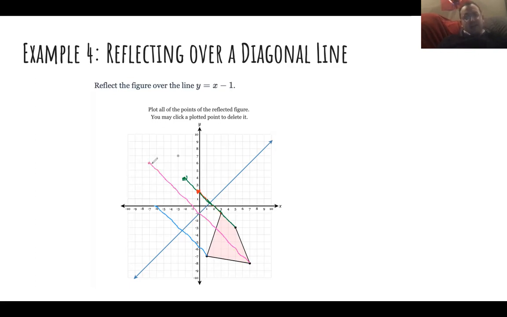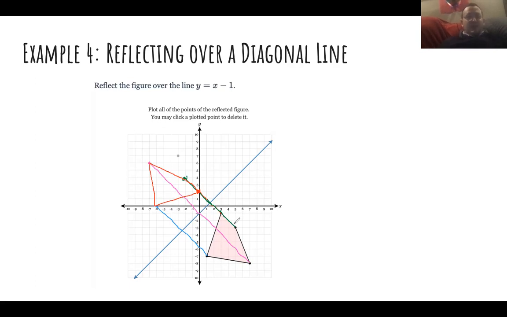And then I'm going to connect the dots. And I'll just use the red. So here we go. And voila, we have a new identical shape that has been successfully reflected.